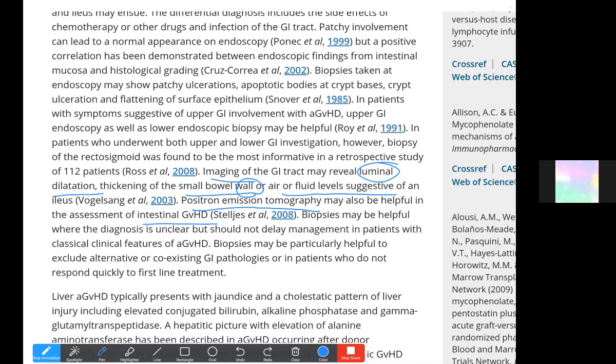There is a correlation between the findings and the prognosis of the patient. But it is unclear whether we should go for biopsies, and you should not delay the management of the patient just to obtain the biopsies. However, biopsies may be helpful because they could exclude alternative causes or coexisting GI pathologies in patients who do not respond quickly to first line treatment.